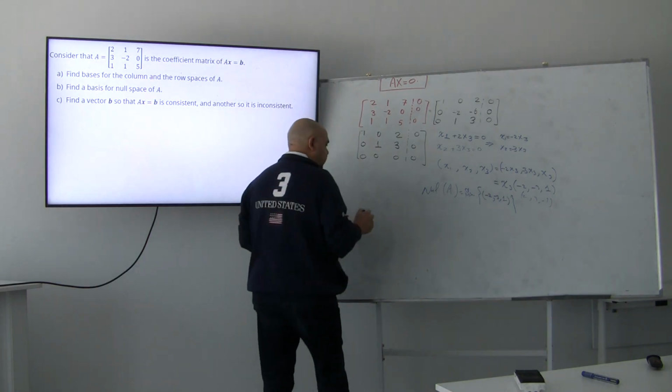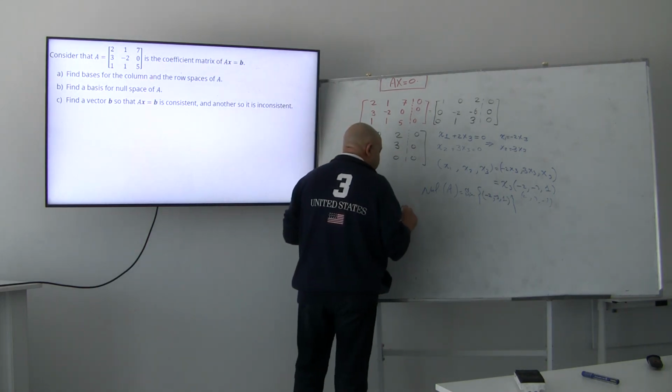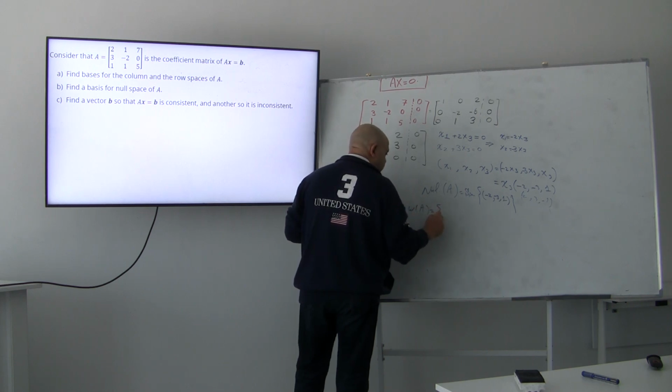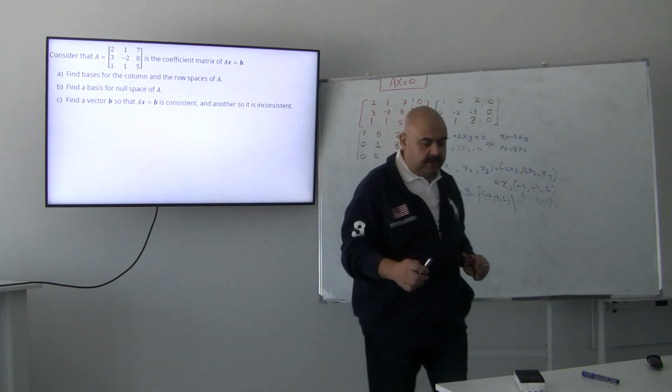So this is the span. I need you to write me the row span of A. How do we get the row span?